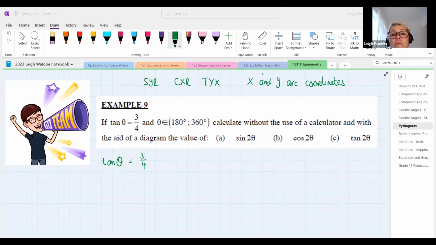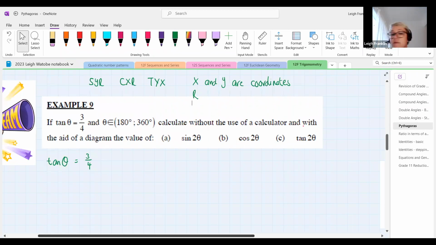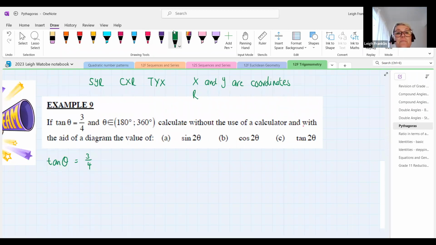What does r represent? Does anybody know what R represents? It's the hypotenuse or the length of the terminal arm. Absolutely. It is the length of the terminal arm.